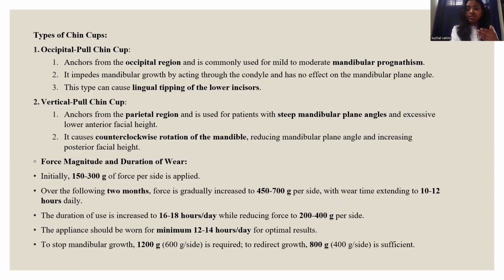After that, the force is reduced to 200 to 400 grams per side. And then the appliance should be worn for a minimum of 12 to 14 hours per day for optimal results. To stop the mandibular growth, a minimum force of 1200 grams, that is 600 grams per side, is required. To redirect the growth, a force of 800 grams, that is 400 grams per side, is sufficient.